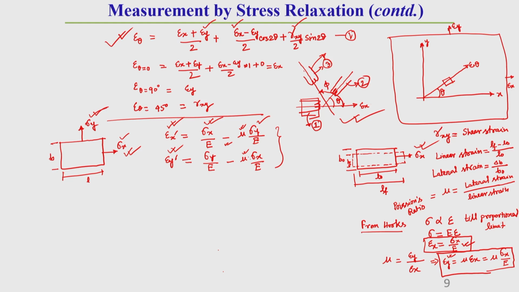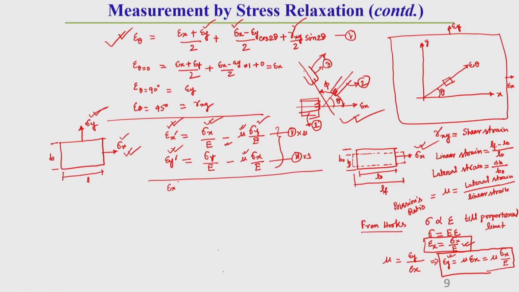We can easily find this out by just solving these two equations. Let this be equation number 1 and this be equation number 2, correct. Here I am multiplying the equation by mu, and here multiplying by 1. Now, what will we get?